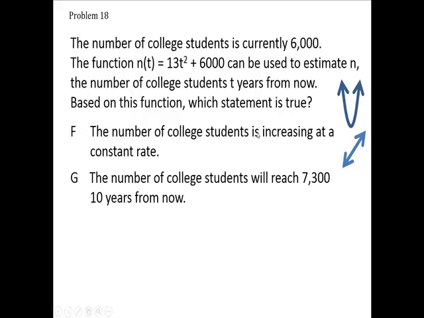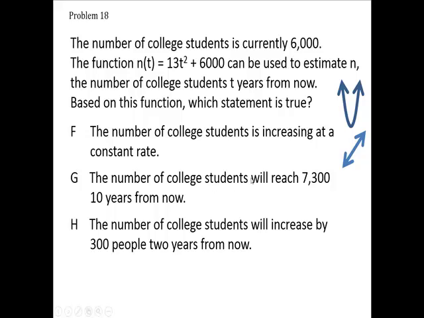G, the number of college students will reach 7,300 10 years from now. We'll have to test this one. And if this one works, I won't have to worry about this one. H, the number of college students will increase by 300 people 2 years from now. So if I disprove G, I'll have to test H, because only one of these four is going to work.